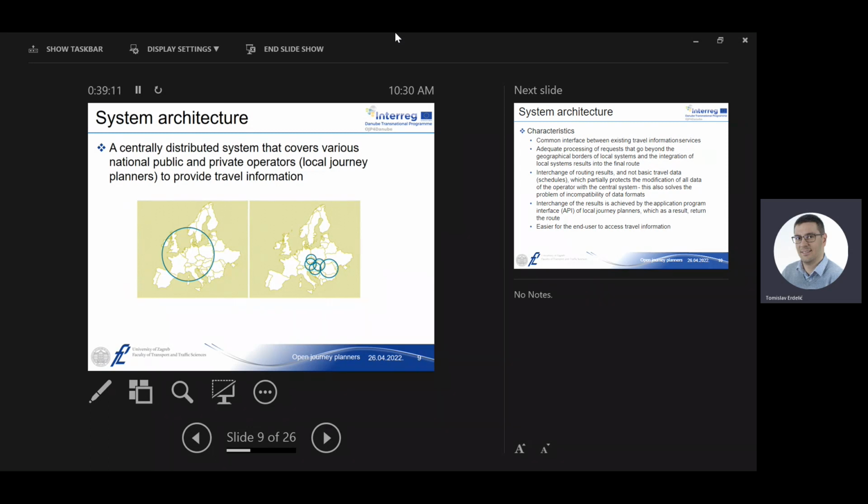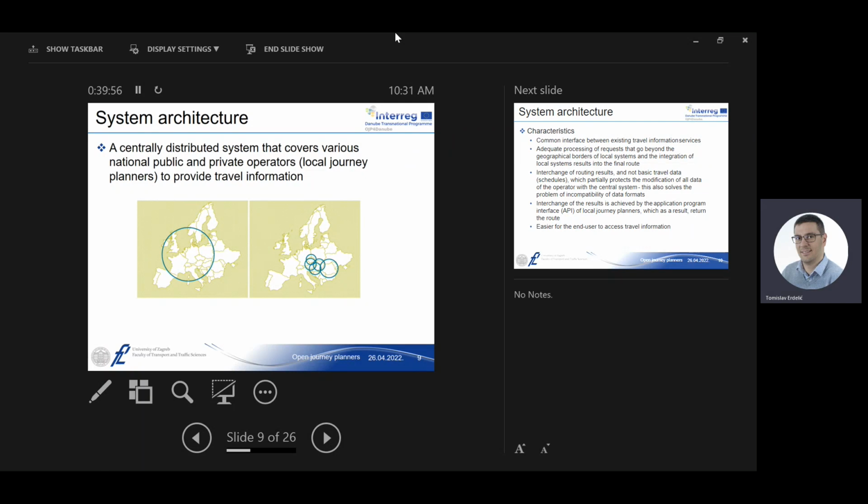So it needs to contact a journey planner in Hungary and a journey planner in Bucharest, and tell them, I will enter your country at this point, and I will exit your country at this point, and then this local journey planner, for example, in Hungary, gives a route from this point to this point. The same is for Romania. This means a distributed system. The central one does not have one local journey planner. There are local journey planners.